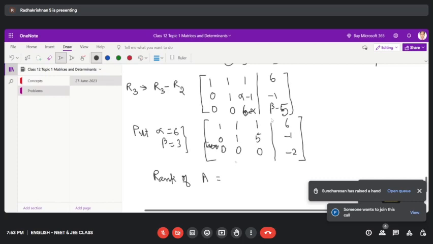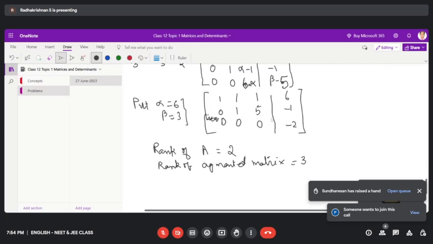It is not vanishing, therefore its rank is 2. Whereas the rank of the augmented matrix is 3, because here there is a nonzero value. If the rank of the matrix and the rank of the augmented matrix come out differently, then our conclusion is that it is inconsistent.